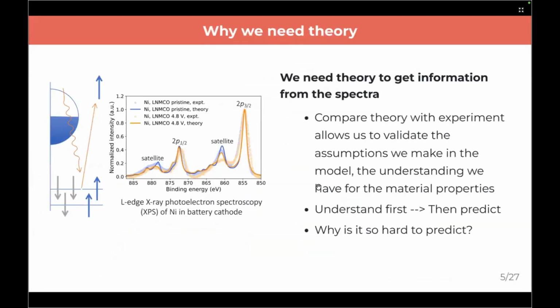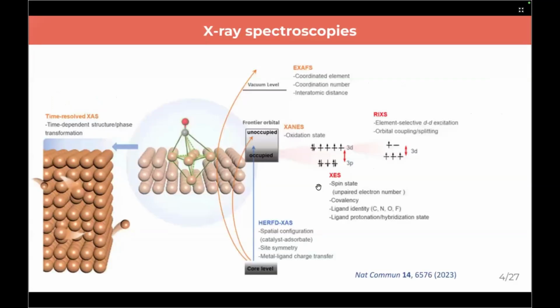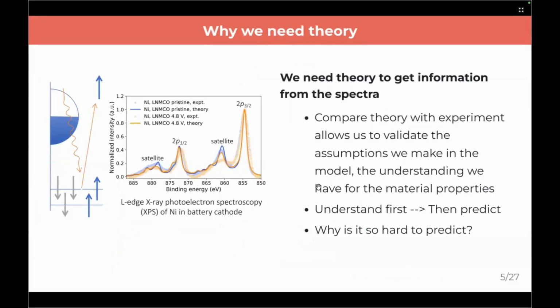I just give a very simple example here: since we have such experimental techniques to get the spectroscopy, on the other hand, why do we need theory? One important aspect is that we might get such spectroscopies with some line shape, but how you interpret the information embedded in such spectroscopy is a more important and challenging problem for us to tackle.